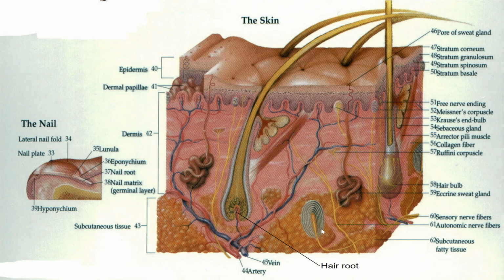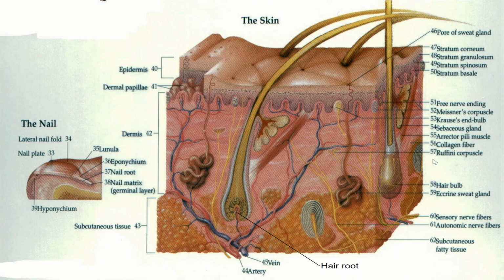And then this structure right here is not labeled, but I want you to add it to your notes. This is a Pacinian corpuscle. This is here to feel deep pressure. So this is how we sense really deep, firm touch.